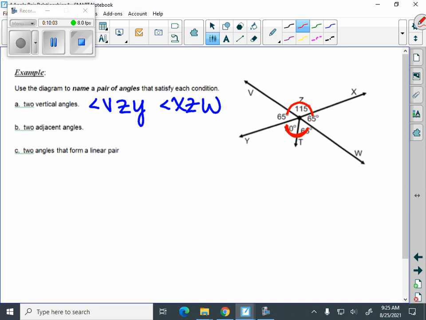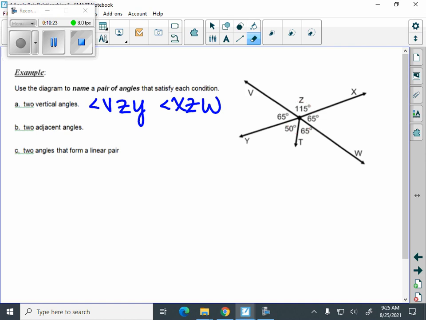So here and here with the 65s, that was the obvious answer, but the 115 degrees along with the combination of 50 and 65 is a not so obvious vertical angle.